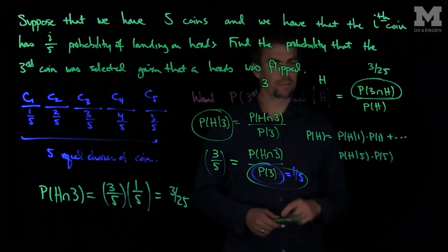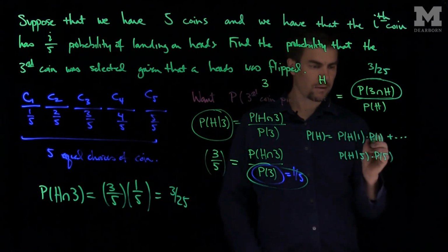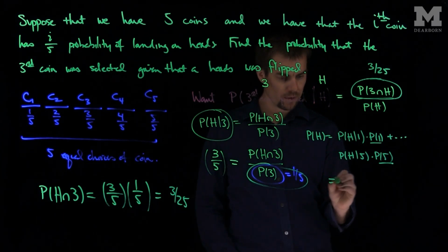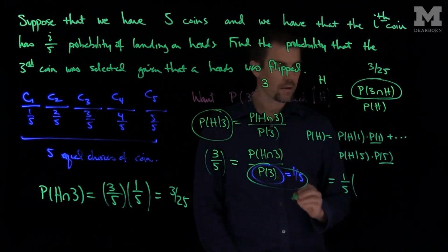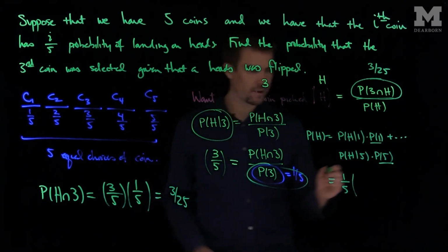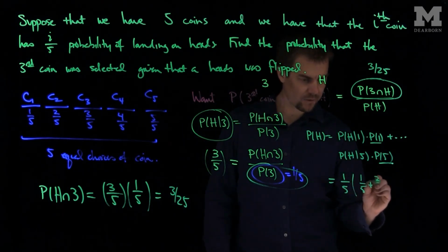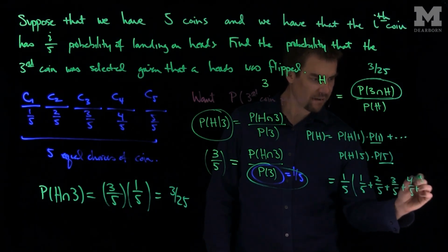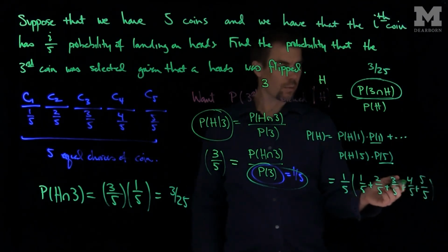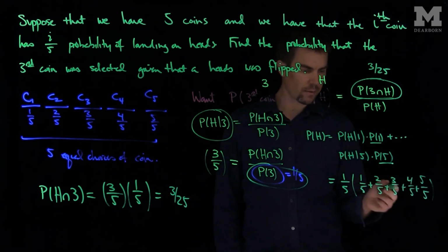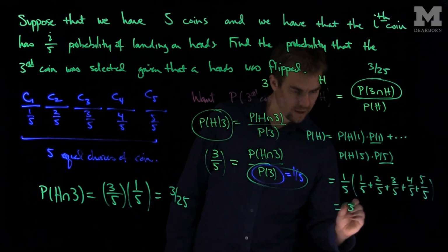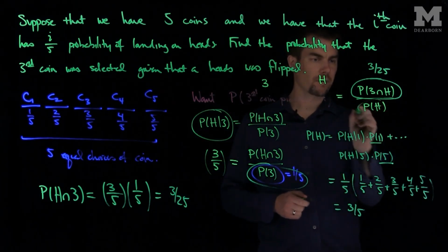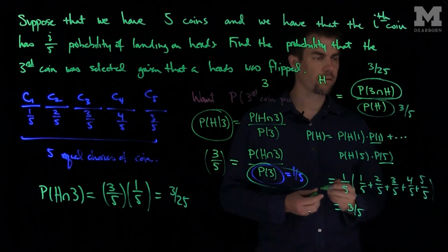Now the probability of 1, the probability of 2, through the probability of 5 are all equal to 1/5, so we can pull 1/5 out of everything. And the probability of heads given each coin gives 1/5 plus 2/5 plus 3/5 plus 4/5 plus 5/5. So we have a total of 9, 12, and 3 is 15. So the probability of heads is 3 over 5, and this is the denominator.